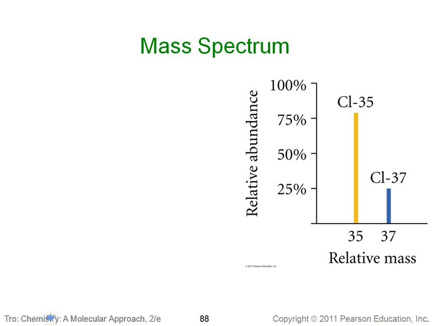And here is an example of chlorine. When we take pure chlorine gas and we put it into a mass spectrometer, we get a spectrum, and we find out about 75% of the chlorine is isotope 35, and about 25% is isotope 37. And the mass spectrometer can distinguish between those two masses.